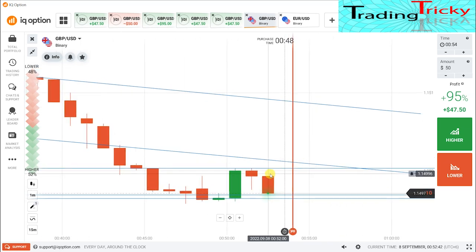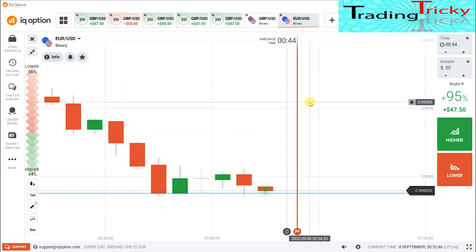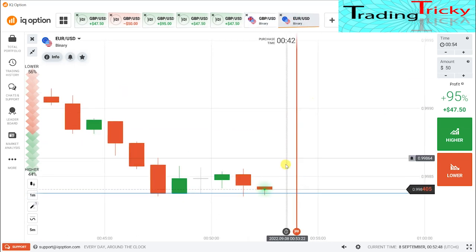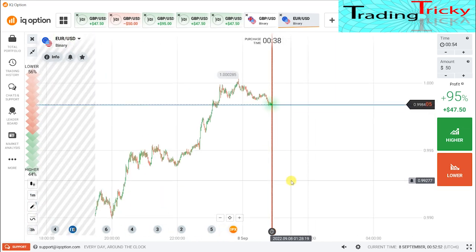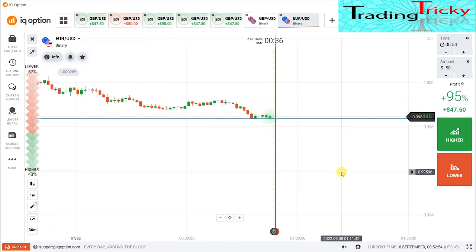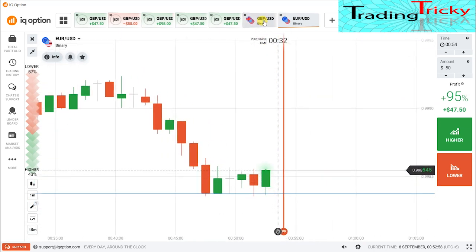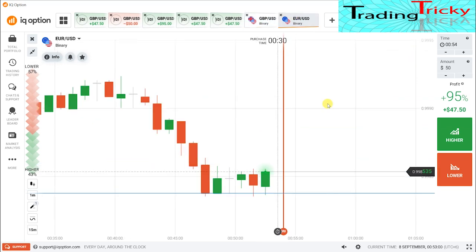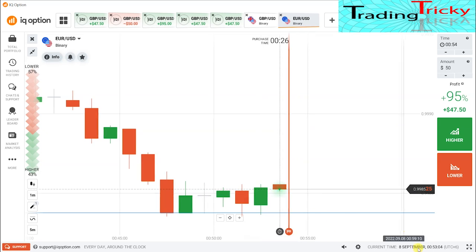There are no buyers. Okay, this candle became weaker, so I think buyers will enter, okay, at the end buyers entry. See, this is what the market does. As the time is a little late, I think it's better to avoid trading.